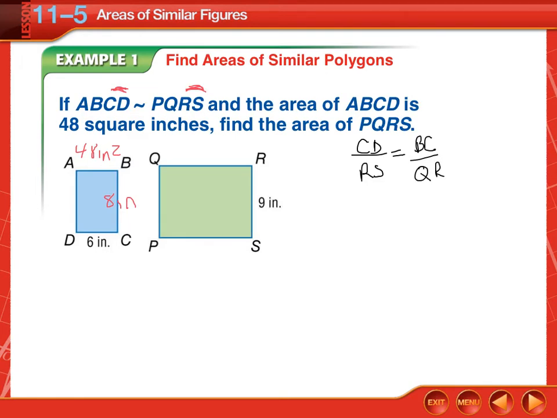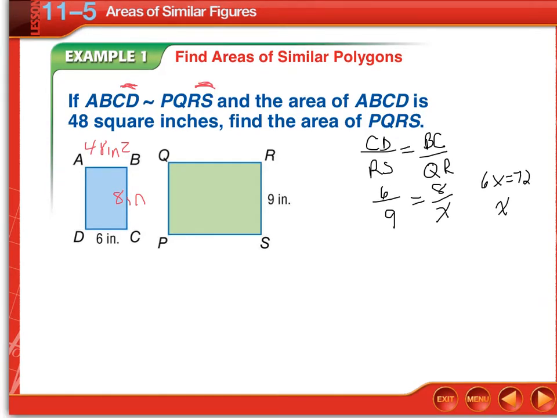And substitute. 6 is corresponding to 9 as 8 is corresponding to X. So we can find that other side, and we can see that 6X equals 72, and therefore X equals 12. Okay, so that's certainly the quickest and easiest way to find the area of PQRS, and it's easy to see here that the area is 108.